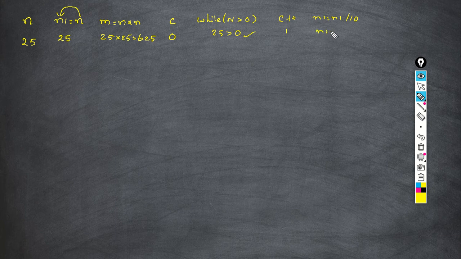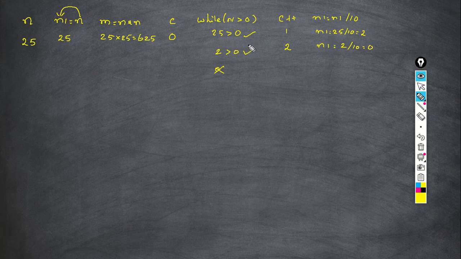N1 will be 25 divided by 10, where I get 2. Again 2 is greater than 0, c becomes 2, and n1 becomes 2 divided by 10, that is 0. The third time this condition will become false. So this is the looping part.